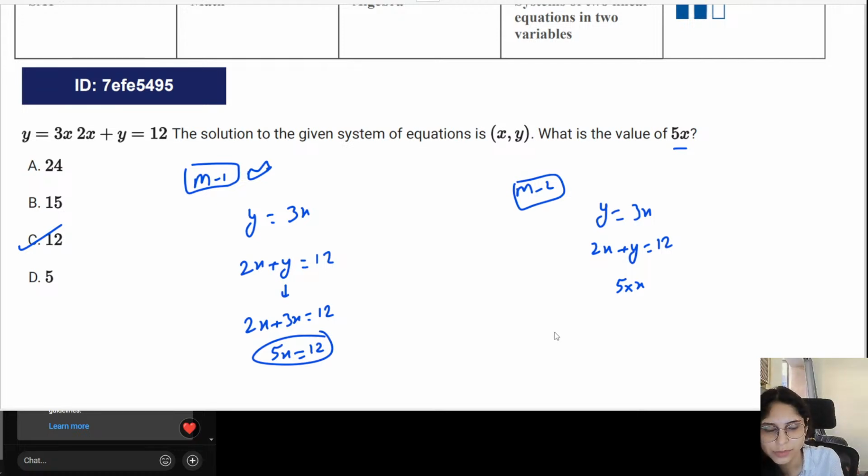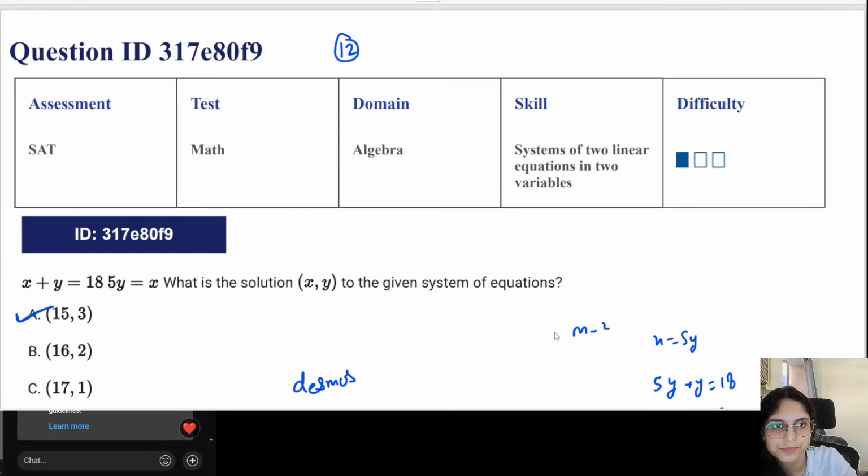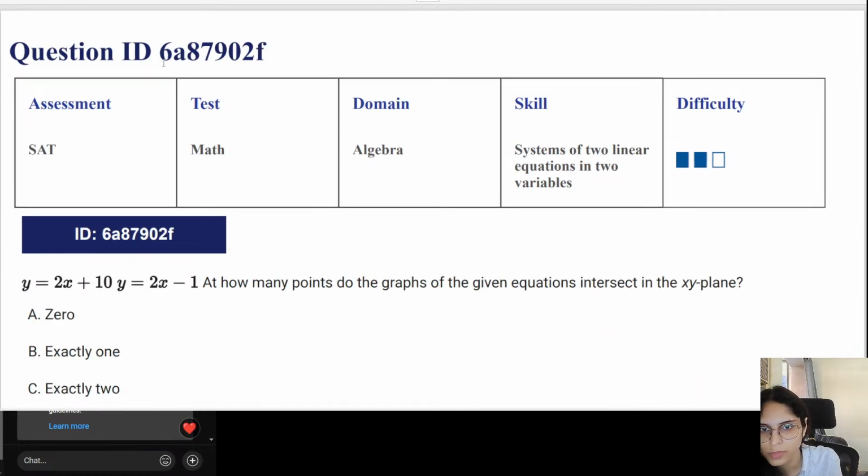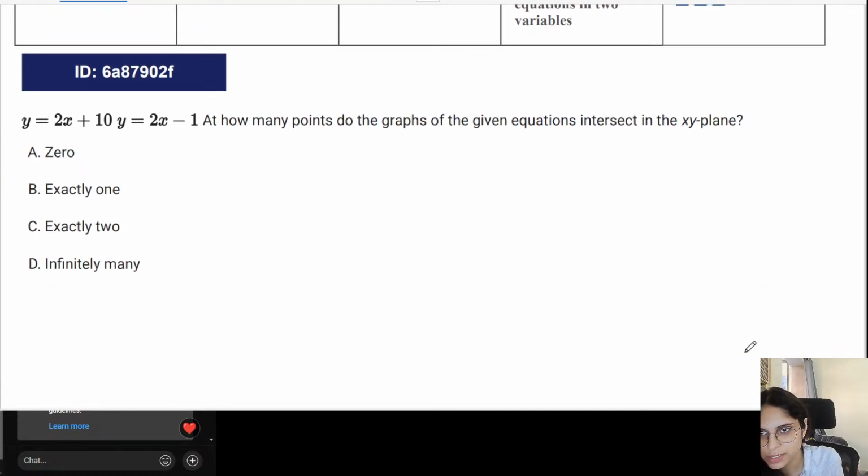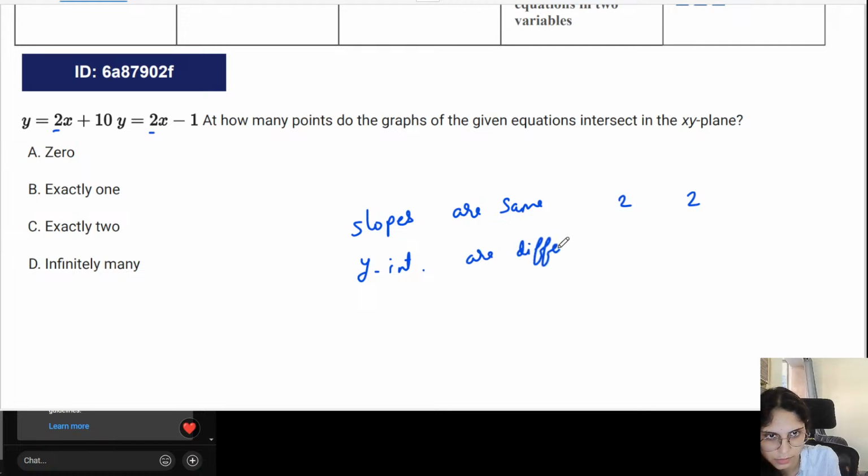Question number 13 is the next one. Again, at how many points do they intersect? You just have to compare the slopes and y-intercepts. Slopes are same, 2 and 2. Now y-intercepts are different. You have plus 10 over here, you have negative 1 over here.